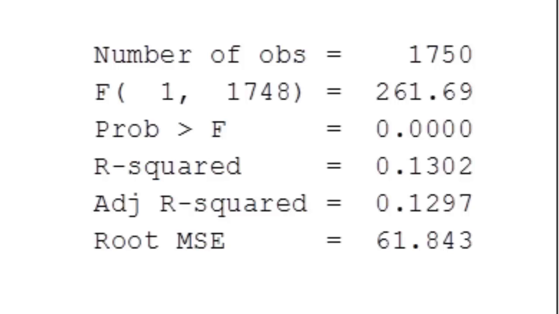In the regression context, we call the between group sum of squares the model sum of squares, and the within group sum of squares the residual sum of squares. But they're the exact same thing. We also get the probability greater than F, that is, we get a p-value. In this case, you can see that the p-value is quite small, 0.0000, so we would find this relationship between age and sexual frequency to be statistically significant.